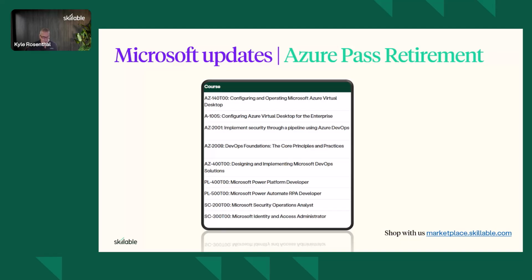The 2001, the 2008, and the AZ400, those ones currently still use Azure Passes, but the Cloud Slice versions of those are being created. Currently, we're anticipating a release date of around the 22nd of November for those ones. So at that point, you'll get the Cloud Slice version when you're running.